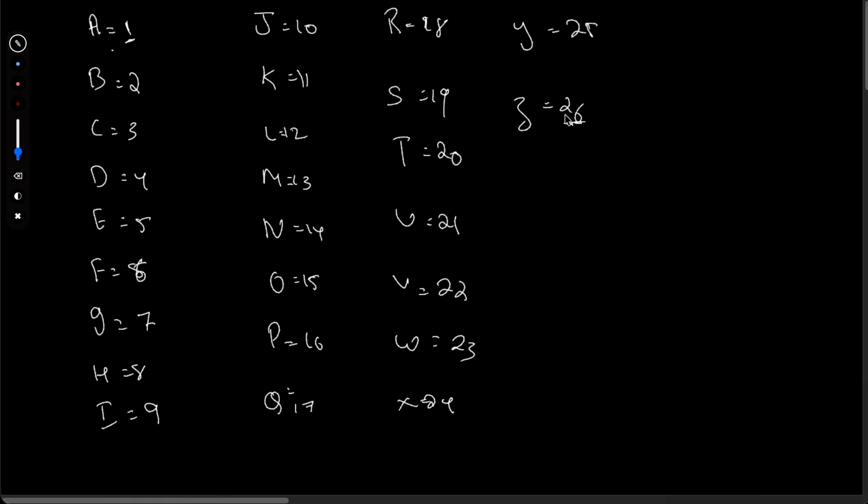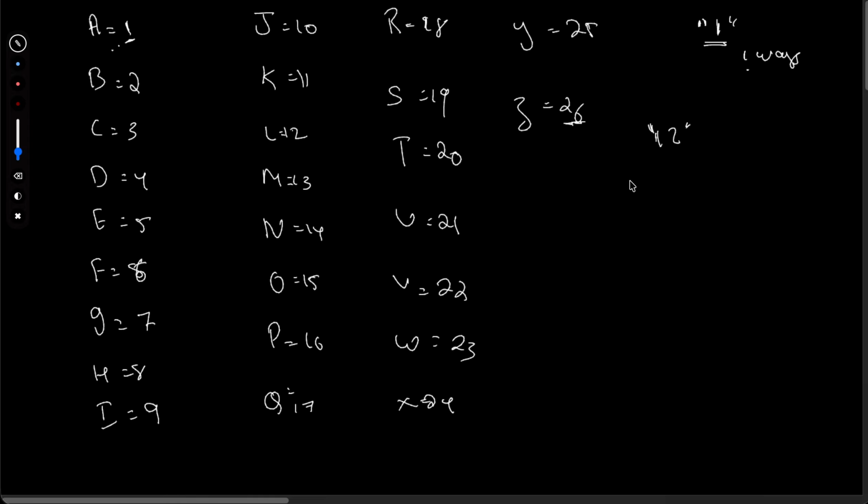If we have an input string like 1, then 1 is only A, so there is only one way, and the answer is 1. If we have input like 12, now we can split it in two ways.